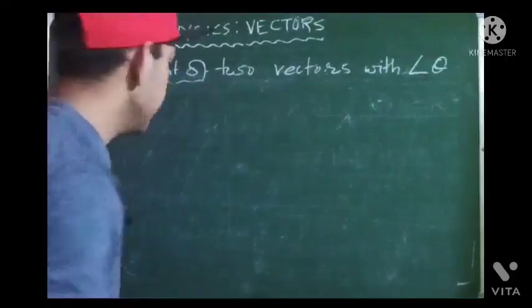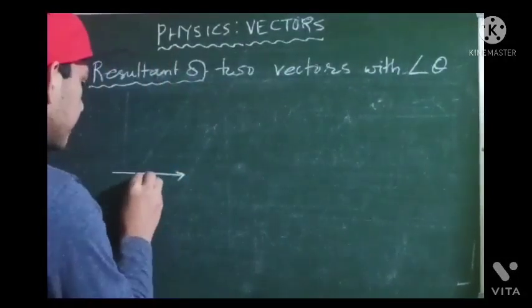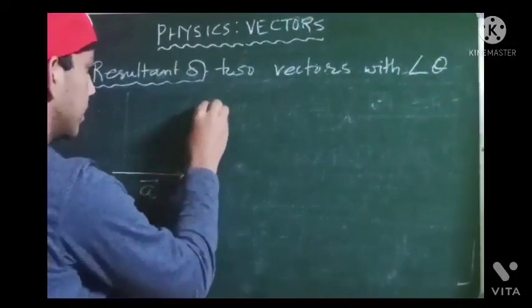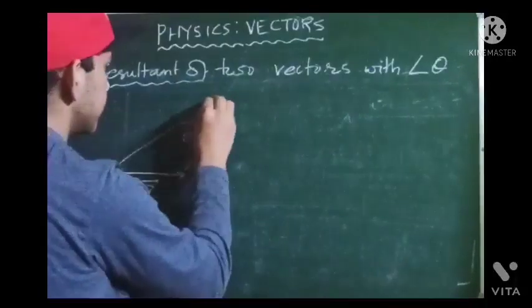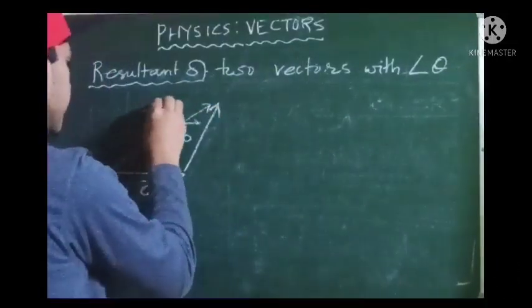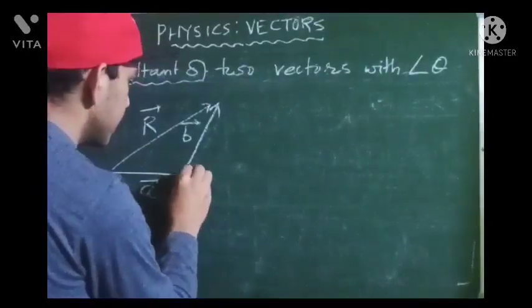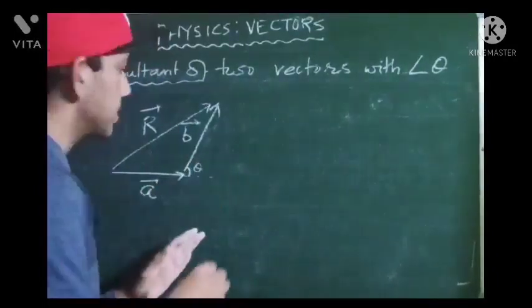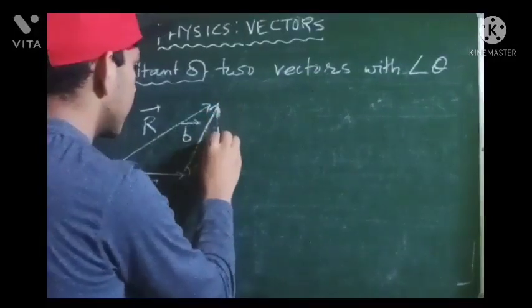Let's draw the figure again. Let us suppose this is a vector, this is b vector, then this is the resultant r vector. This is angle theta. Let's do some construction. Let us draw a perpendicular from this point.